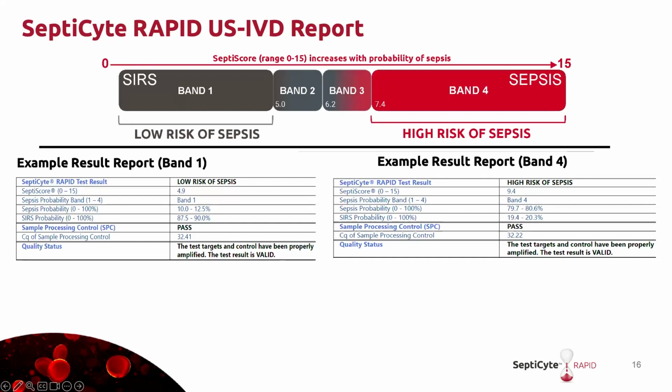Band 1, low probability of sepsis. There's also an innate control, allowing the test to be validated and pass the control process. High risk of sepsis is reported in band 4, with a percentage probability of sepsis reported, again validated from a sample processing control and validated with the innate controls within the cartridge.